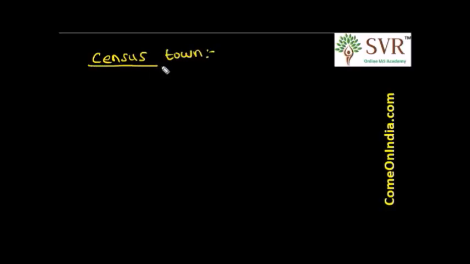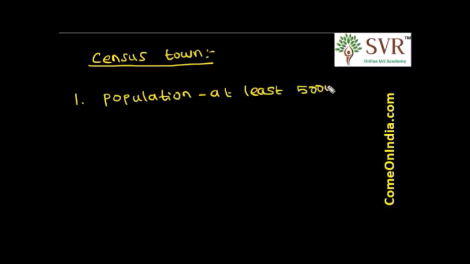The town should have urban characteristics. Urban characteristics like, first point, it should have minimum population of 5,000.